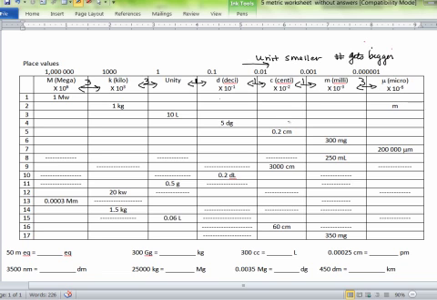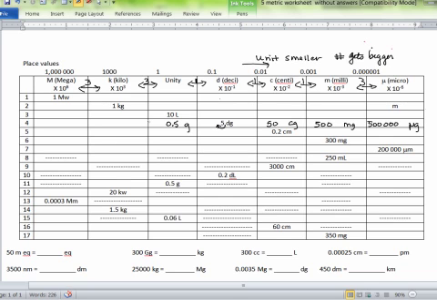So 5 decigrams, if I want to put that in centigrams, it will become 50. In milligrams, I will move the decimal 1 more place, and it will become 500. In micrograms, I will need to move it 3 more places, and it will become 500,000. Going in the other direction, back to unity where it is just grams, I will be moving 1 place back, which will make it 0.5.